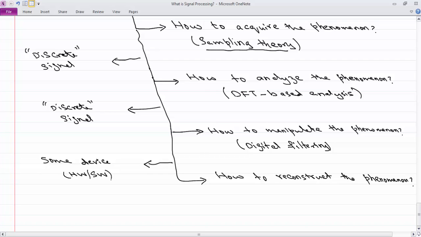So you are interested in reconstructing the analog signal that you started with. So if you do that, then that's called reconstruction, and we'll study that for a specific case in the context of reconstruction part of the sampling theory.